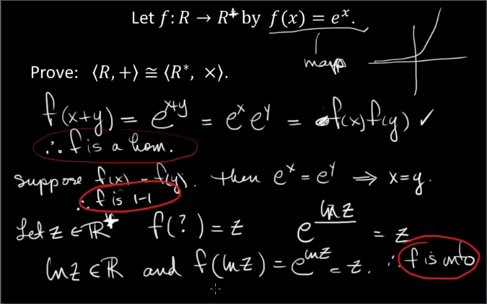So we can conclude, therefore, that R, I'm going to put back in the operations just because it's the same, R under addition is isomorphic to the positive reals under multiplication.